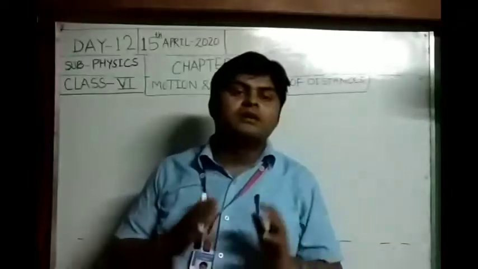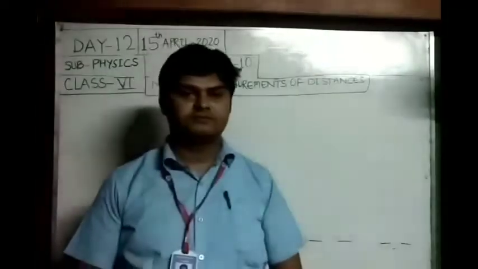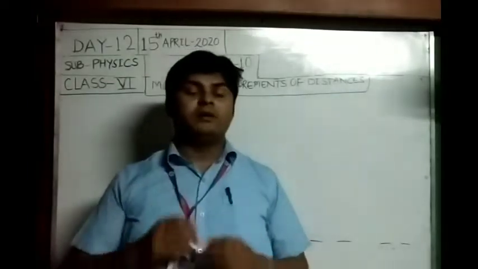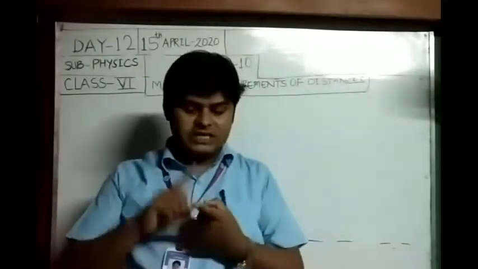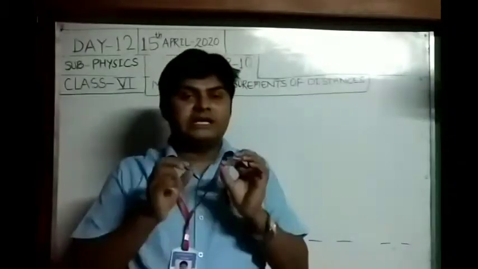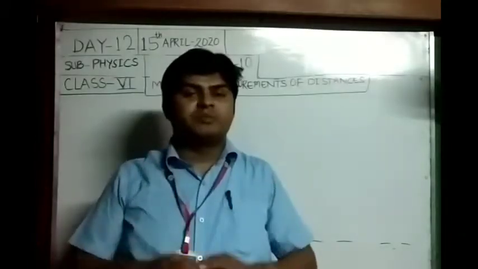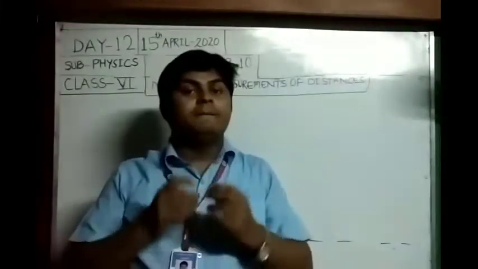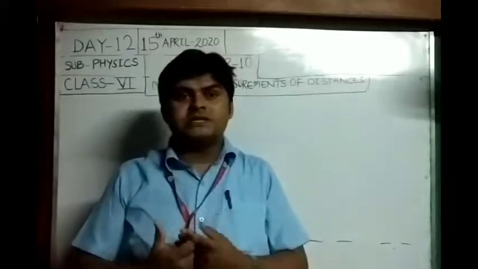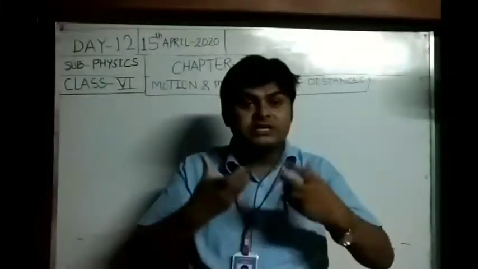First topic, rest and motion. What do you mean by rest? A body or object is said to be at rest when it does not change its position with respect to time, with respect to surroundings. What do you mean by a stationary object?